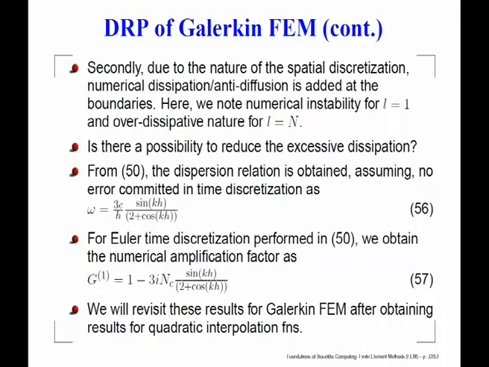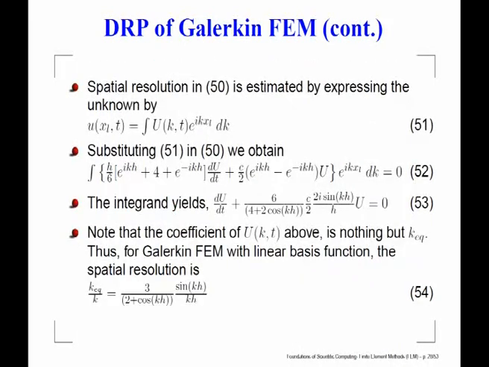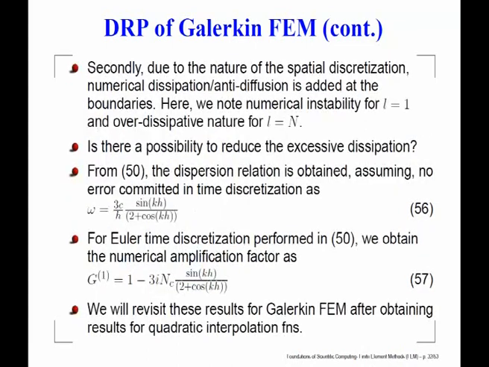Now, let us get back to this discussion of the dispersion property. So, even if I write du dt is equal to something like I omega times the transform, this equation would give you an expression for omega, right. That is what we are saying here, that the dispersion relation is obtained, let us say, by assuming that the time integration is exact.